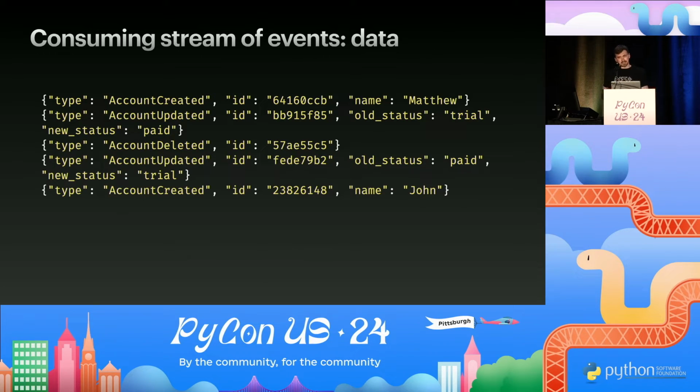And also, to make it a bit more interesting and more close to reality, some of the messages will be malformed. I will not be that mean to put some binary nonsense, but let's say that some of these messages will have unexpected format, like a missing type field or whatever.